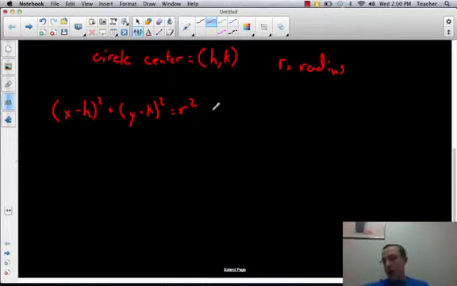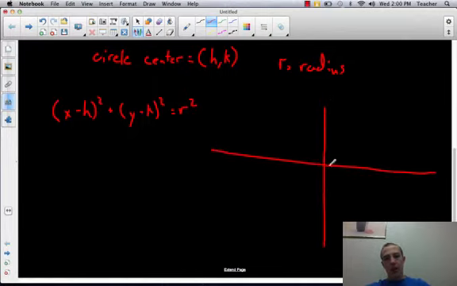Okay, to carry on, when you graph a circle, let's make a little graph right here. Let's say our circle center point is at (4, 5).